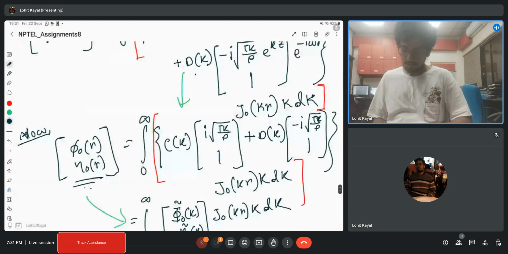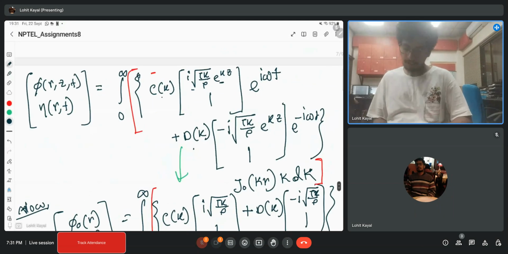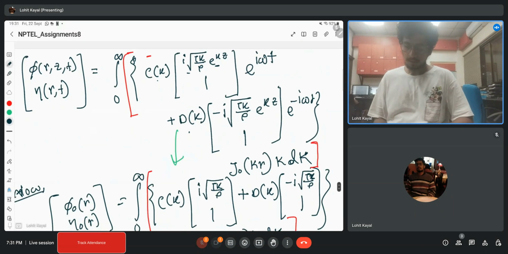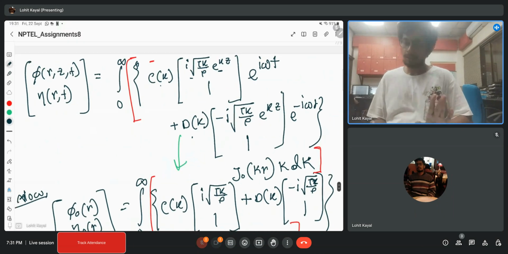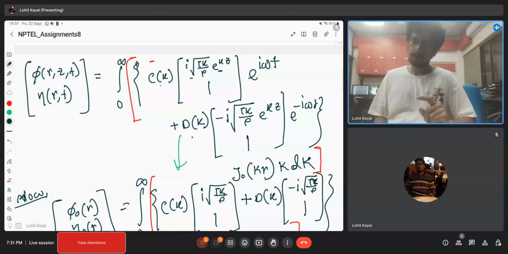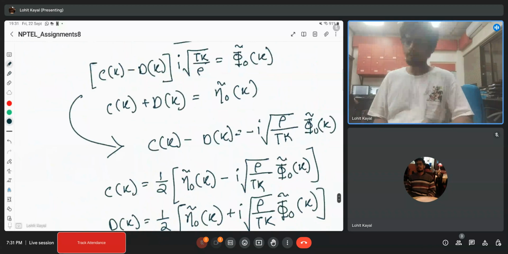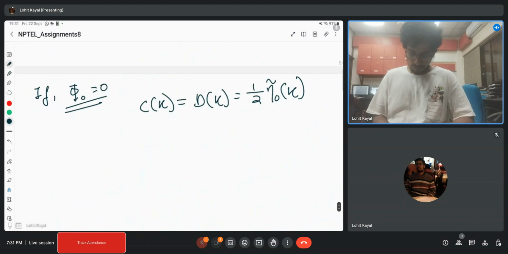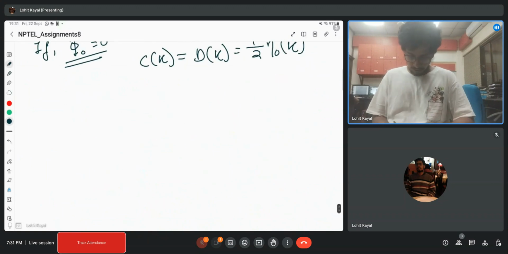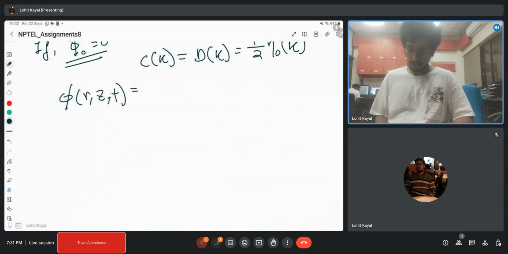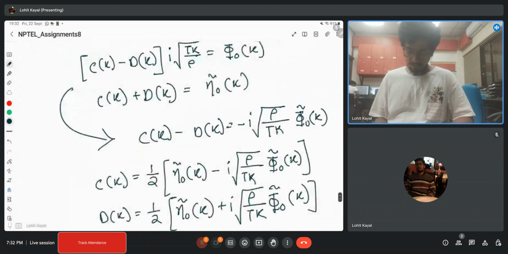So now you have found what ck and dk are. Now you just need to substitute in this equation. So now I will consider only the case where there is initial perturbation but no initial velocity. You can do the calculation for when you have both initial perturbation and initial velocity. So then I will have phi(r, z, t), and I will substitute ck and dk in this equation.